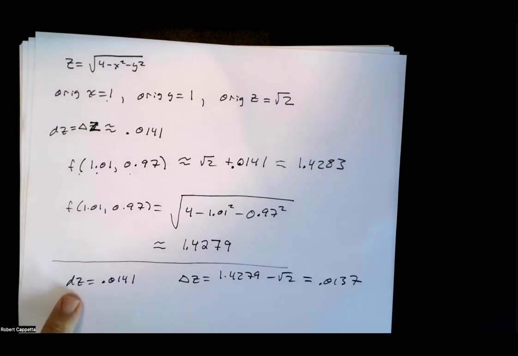So dz, as predicted by the tangent plane, is pretty close to what we get by just evaluating the two endpoints and subtracting. So as long as change in x and change in y are relatively small compared to the other elements of the problem, then your predicted value for change in z and dz should be about the same.